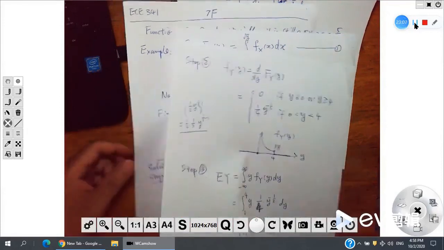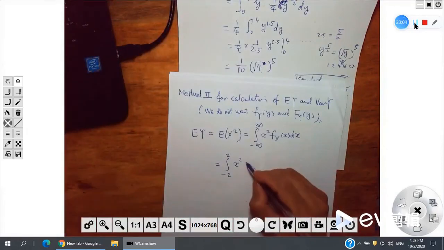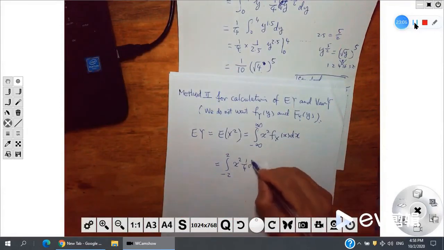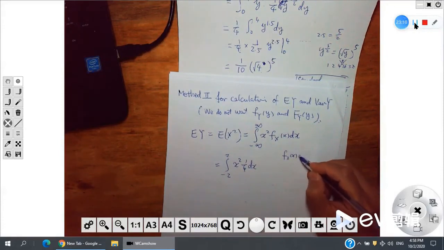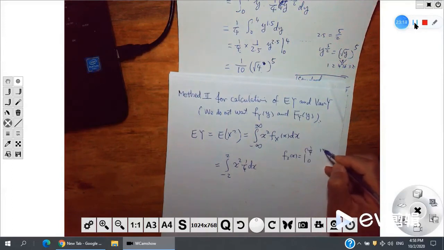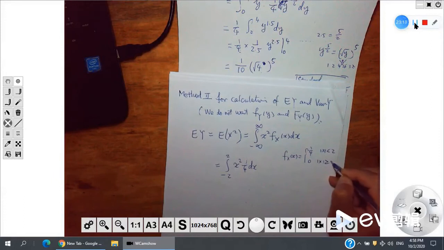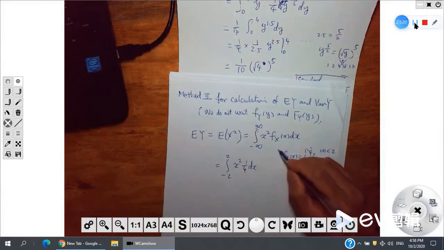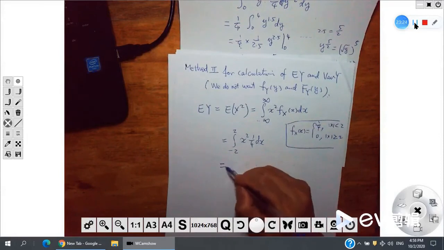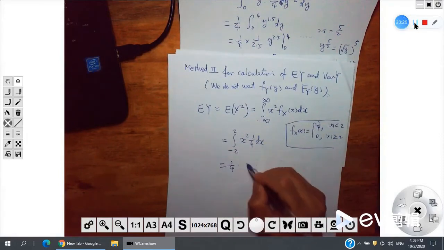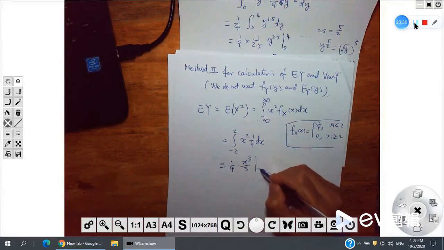So this is 1/4 dx, putting here fx of x equal to 1/4, or 0 if x is smaller than negative 2 or x is larger than 2. So this is 1/4 times x cubed over 3, running from negative 2 to 2.